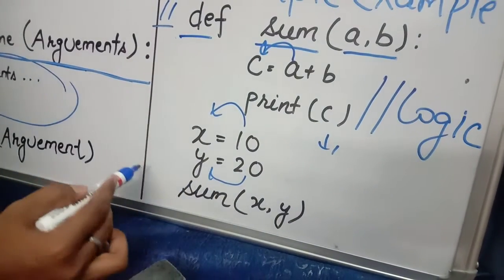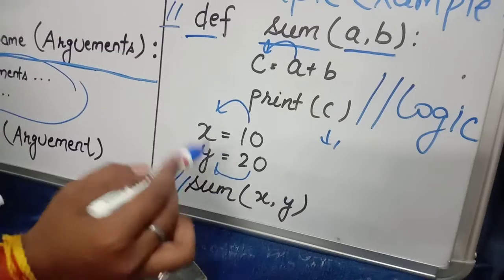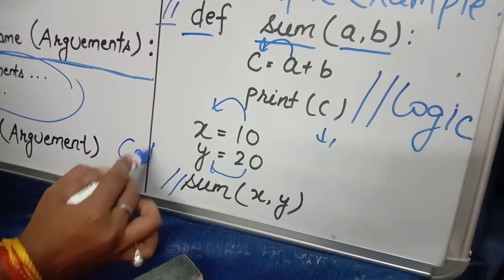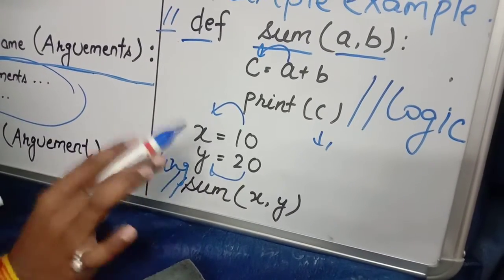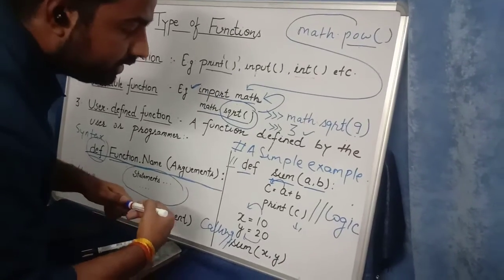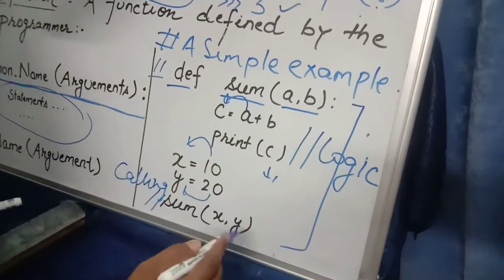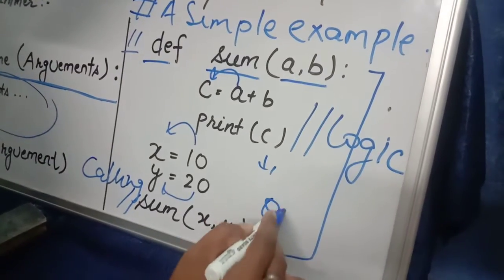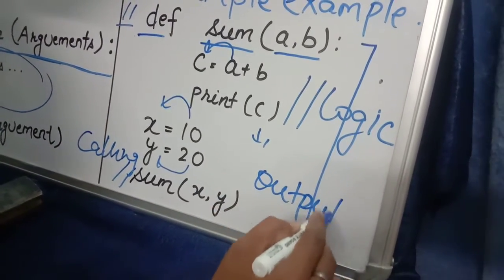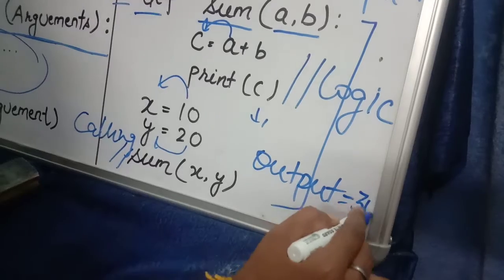Then we call this function here. This is the calling part. If we run this code in our system, our output will be 30.